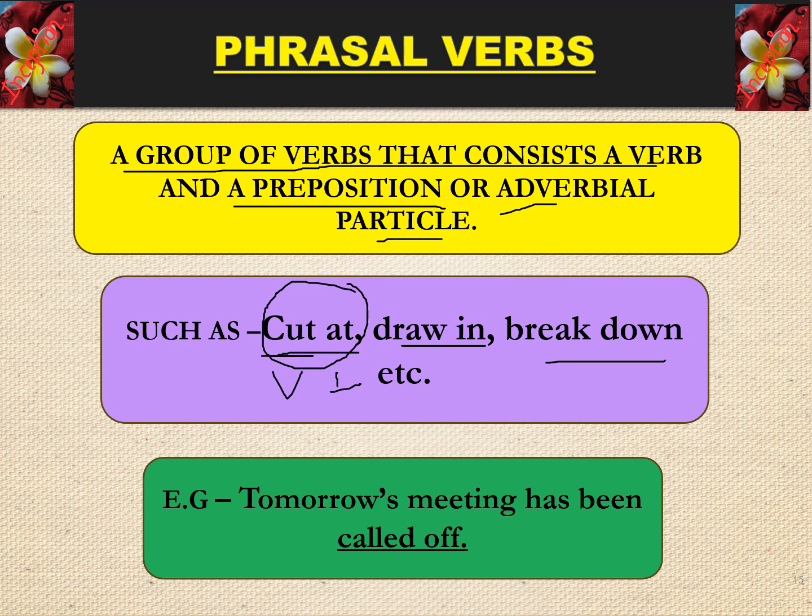Tomorrow's meeting has been called off. What does called off mean? Called off means cancelled. But we write called off here. Why? This is the modern term of English. We use the smarter version, cancel. So called off means cancel.